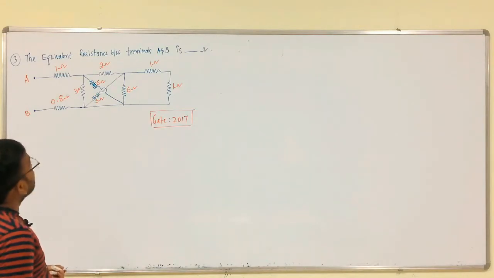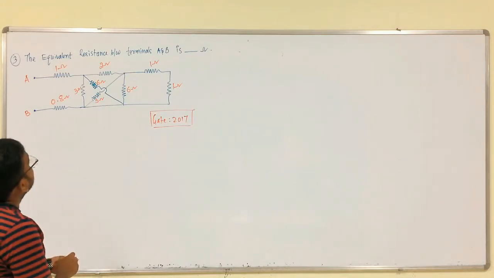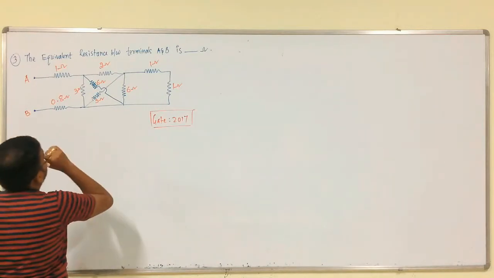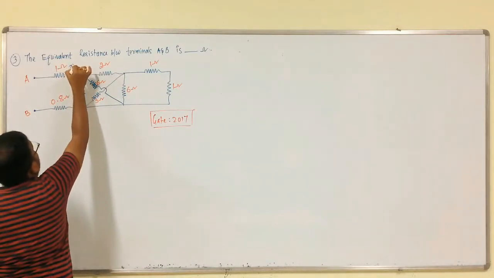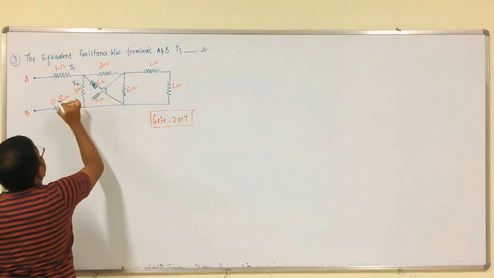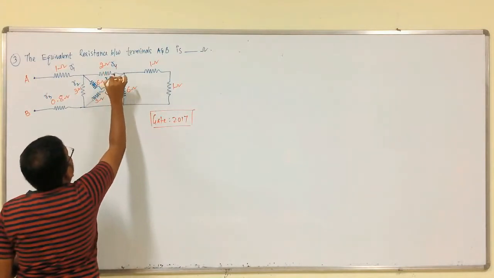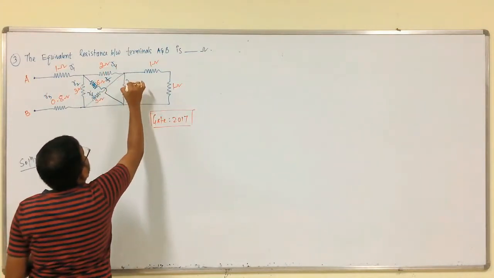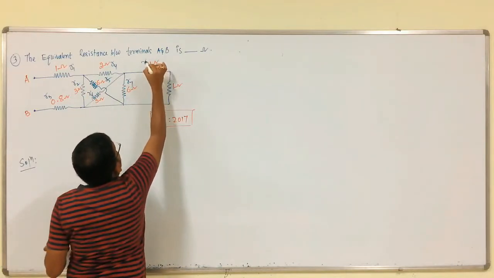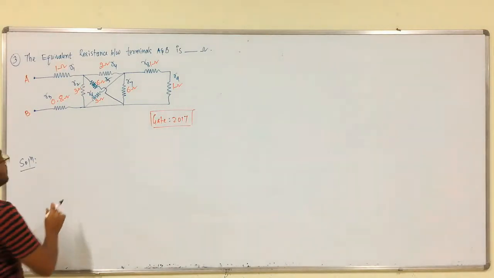First we have to simplify this circuit. For example, this is R 1, this is R 2, this is R 3, this is R 4, this is R 5, this is R 6, this is R 7, this is R 8, this is R 9. We have 9 resistances in this circuit, so we have to simplify it.